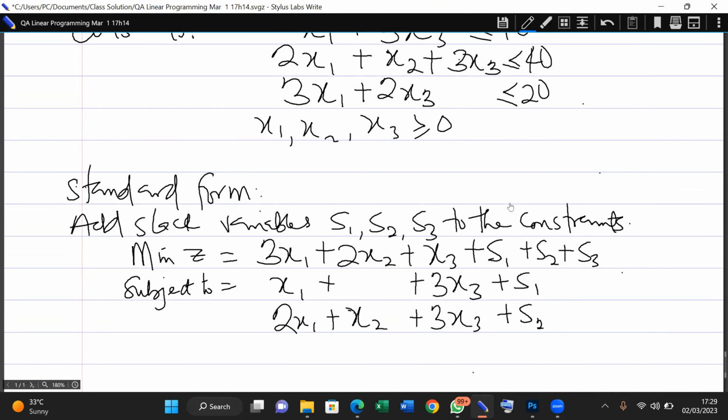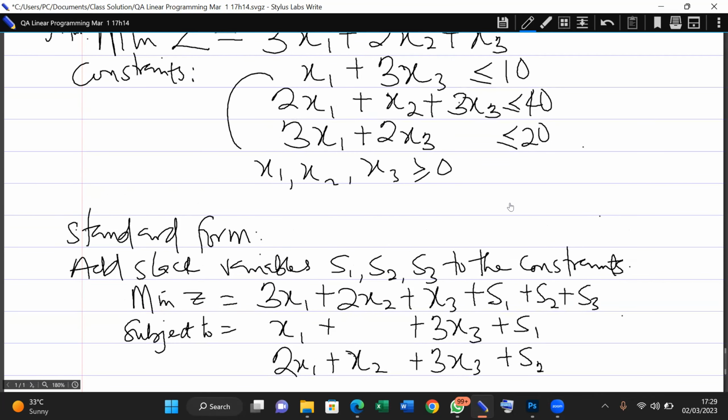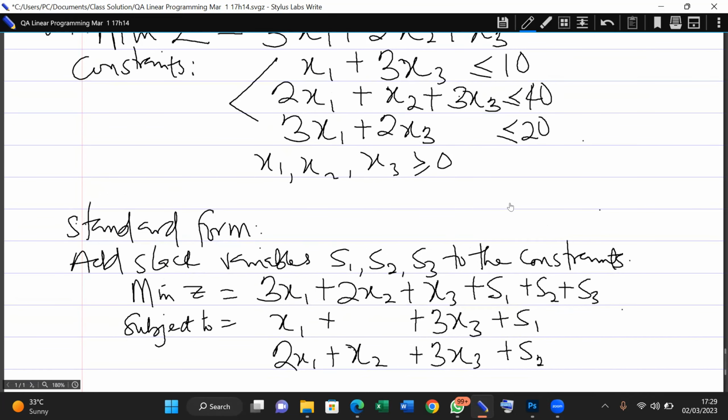Go to the third one. This is what we are repeating. We are not doing magic. We are only adding S1, S2. The first equation, let's take here S1 plus, there is space, you follow that plus.